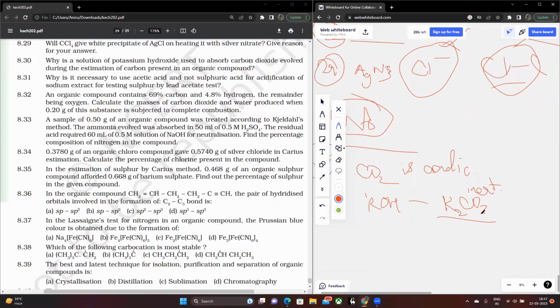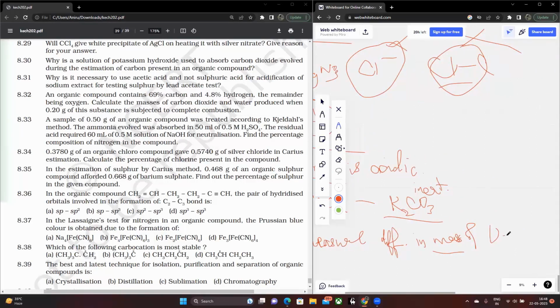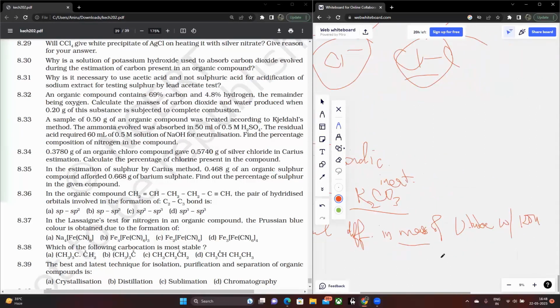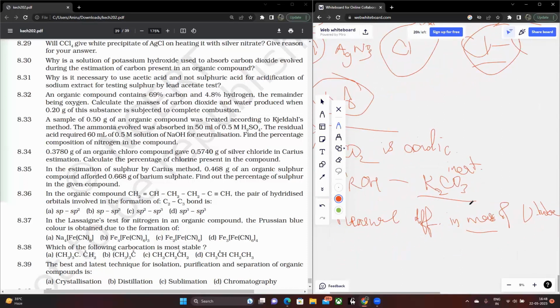And K2CO3 has a decent enough molar mass that you can estimate its mass properly and easily, right? And then you can basically measure the difference in mass of the U tubes containing KOH. This measurement can be done easily because K2CO3 has a decent molar mass, right?